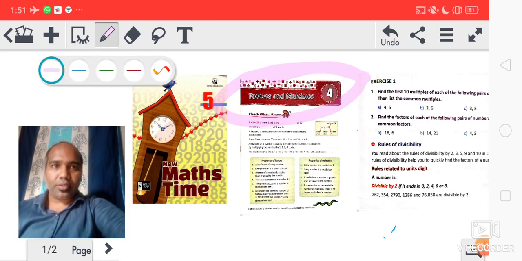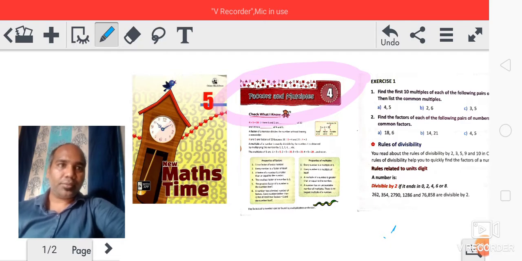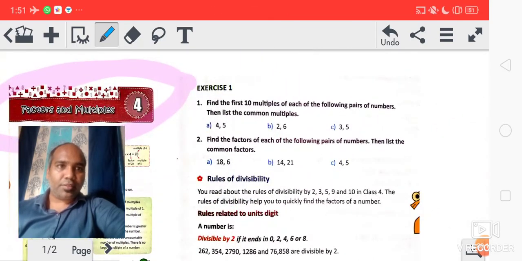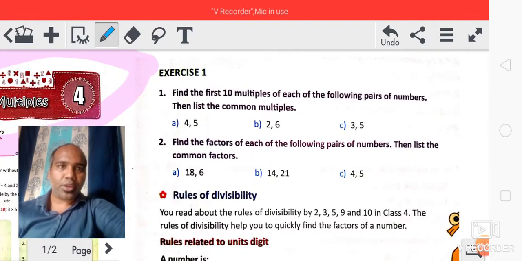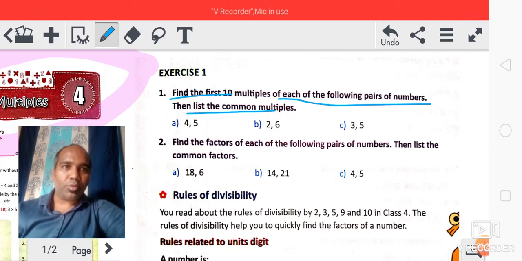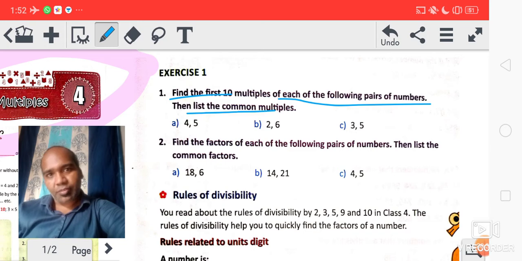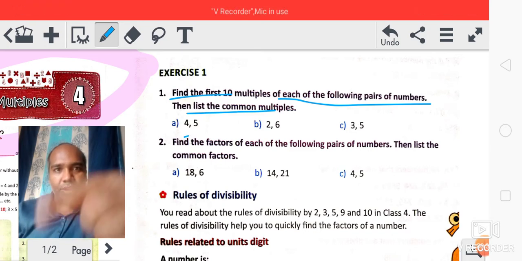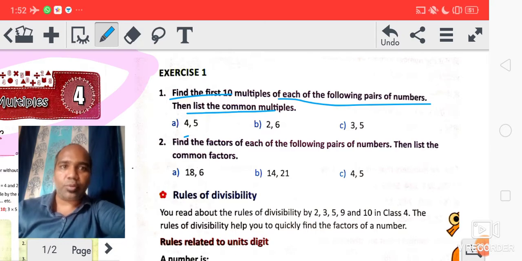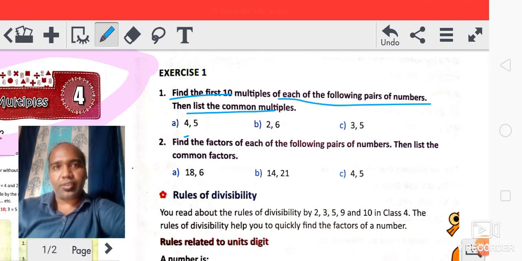Okay, so yesterday we already saw this part, multiples. Question number 1 we have already discussed. Find the first 10 multiples of each of the following pairs, then list the common multiples. So what do multiples mean? Suppose multiples of 4 means the numbers which come in the table of 4, like 4, 8, 12, 16, 20.